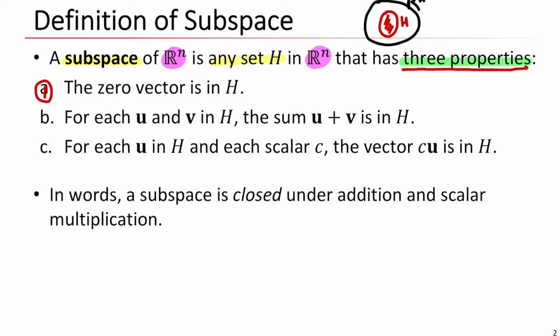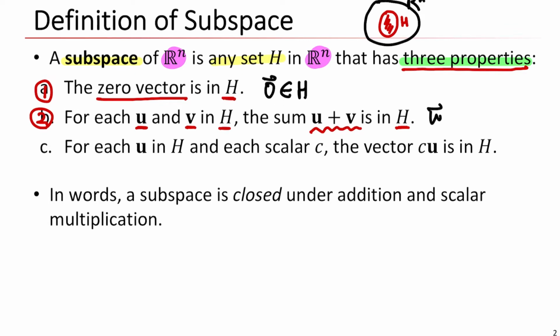The first property is that the zero vector is in this subset H. The second property is that for any vectors u and v in H, the sum u plus v is in subset H. What does it mean?